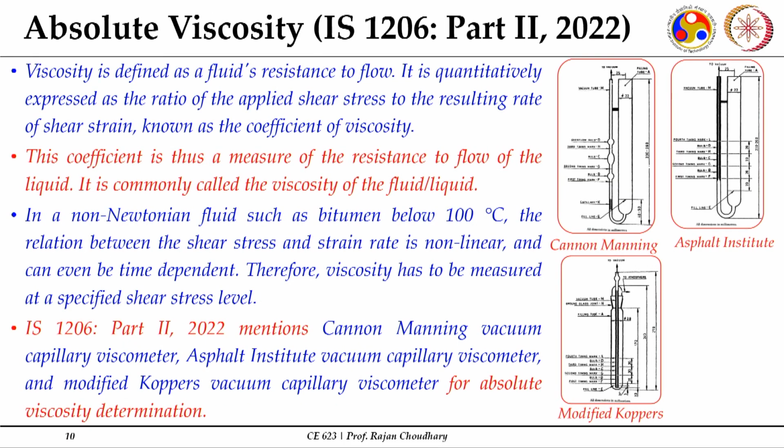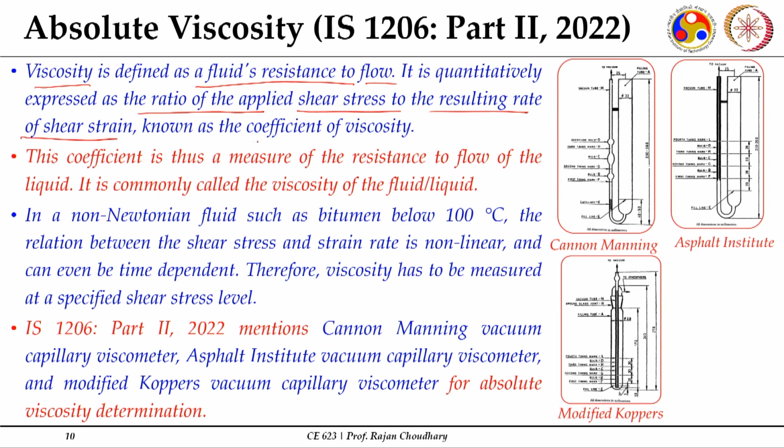Now, what is done under the absolute viscosity determination? As we know, viscosity is a fluid's resistance to flow. So, we want to get an idea what is the viscosity of the binder which we are going to use. Now, this is expressed as the ratio of applied shear stress to the resulting rate of shear strain.